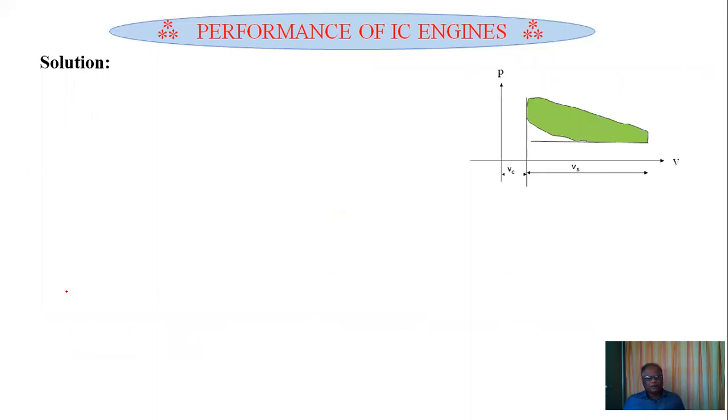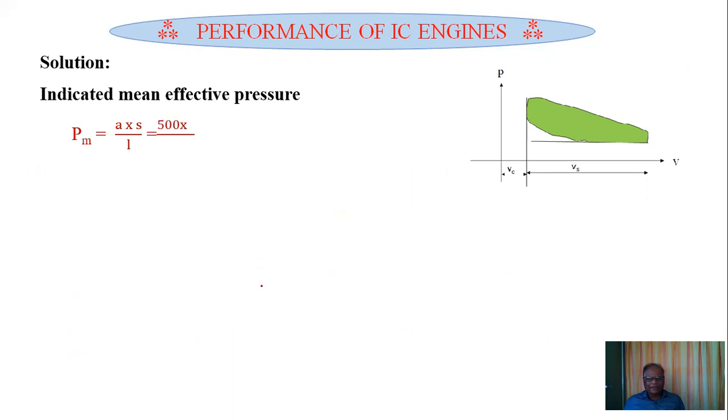Now we have to calculate the indicated mean effective pressure. It is A into S divided by L. A is the area of the indicator diagram, S is the spring constant, given as 1 bar, and L is the length of the indicator diagram.